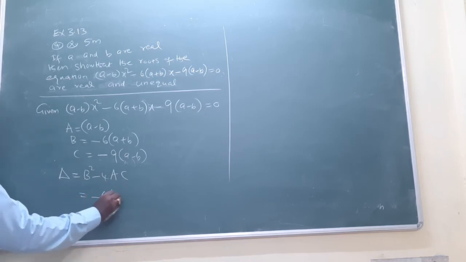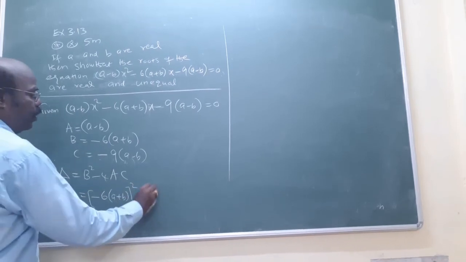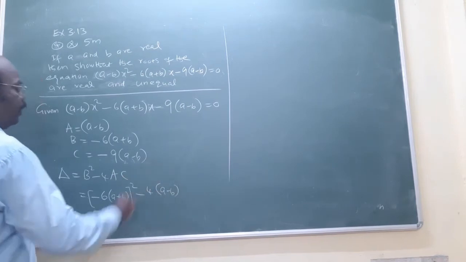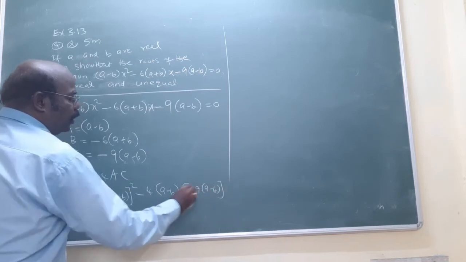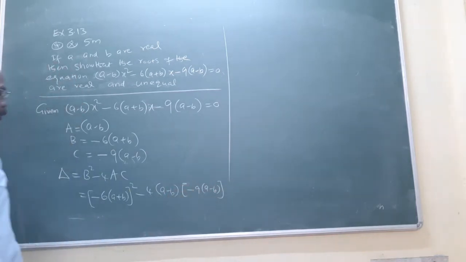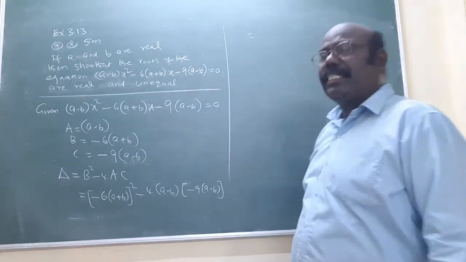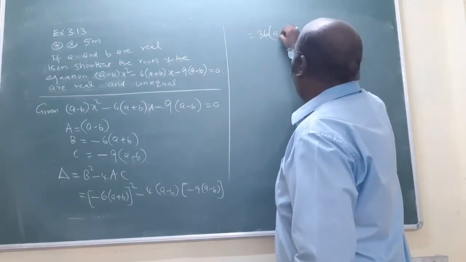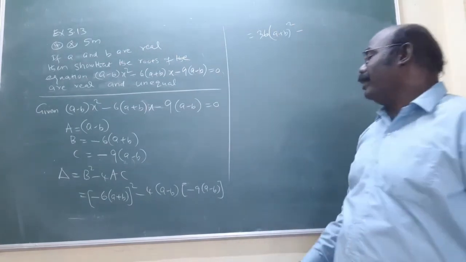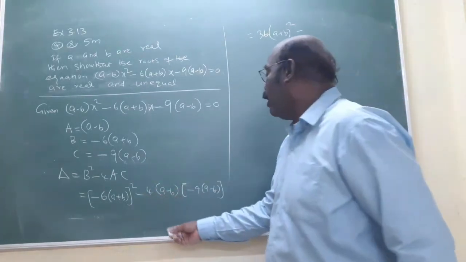Substitute here: minus 6 into a plus b whole square, minus 4 into a minus b, again c is minus 9 into a minus b. This is our multiplication. Am I right? Now, minus 6 whole square is plus 6 squared, that is 36, so 36 into a plus b whole square. Minus, here minus, no?